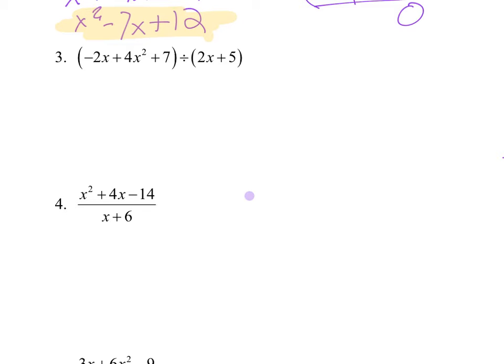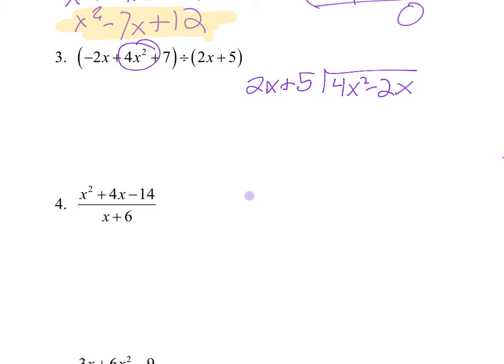Sorry, that should have been a different color. Oops, this is not in order. It's important that you write these out in standard order, which means my 4x squared should be first. Now my x term.